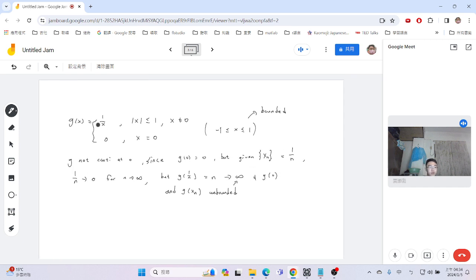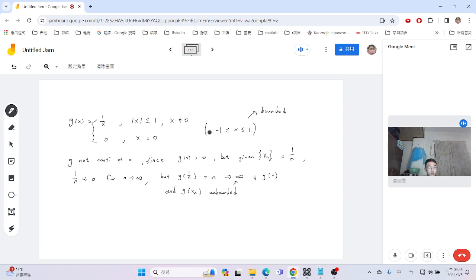Another example is that if the function is discontinuous, but its domain is a closed interval, then the function is not necessarily bounded. For example, we define g of x when the absolute value of x is less than or equal to 1.